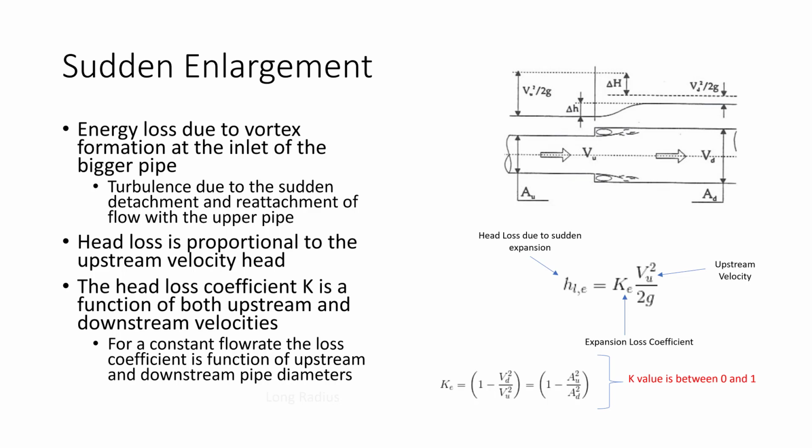So if I have upstream to be very small compared to downstream, then I have a very small pipe coming into a very large pipe, so that causes a lot more turbulence, and my head loss coefficient goes up and theoretically becomes 1.